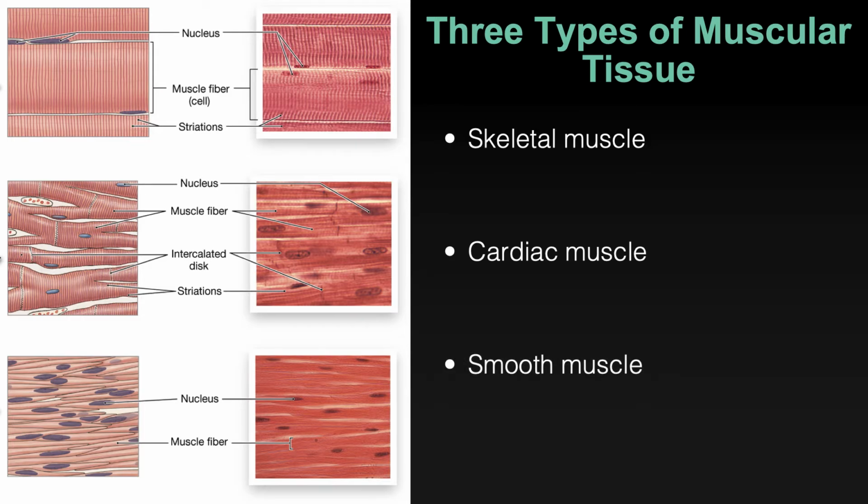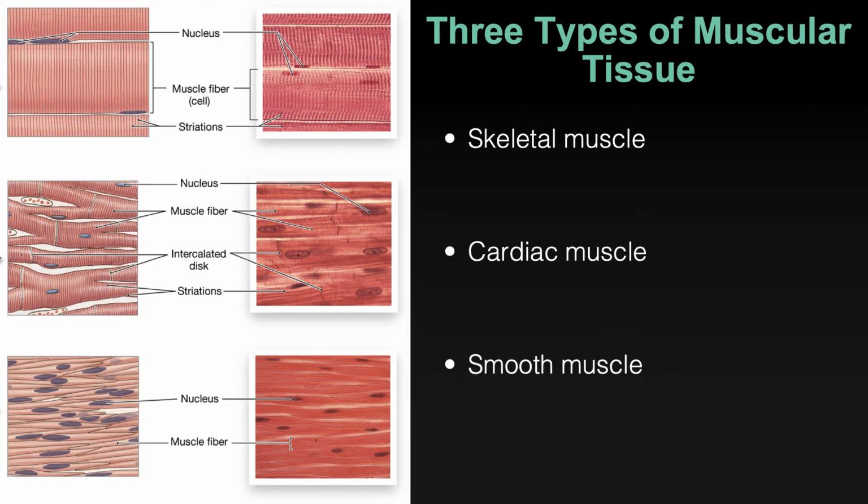And smooth muscle, the muscle that is active in the digestive system, active in the arteries and veins, that we generally don't have control over. Smooth muscle is also typically involuntary. So skeletal muscle, cardiac muscle, and smooth muscle are the three types of muscle.